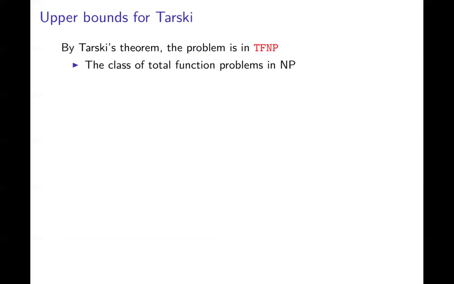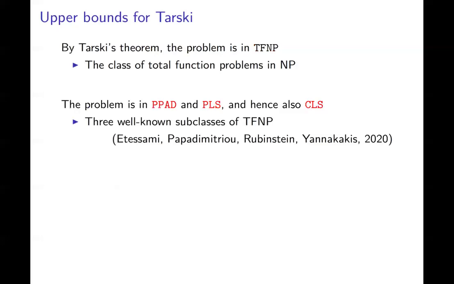In terms of upper bounds for the Tarski problem, by the theorem mentioned before, we get that the problem is in TFNP because there exists a solution to this problem, which is the fixed point. And this class is the class of total function problems in NP. Additionally, the problem has been shown to lie in PPAD and PLS, and therefore also in CLS, while CLS captures the intersection of PPAD and PLS.